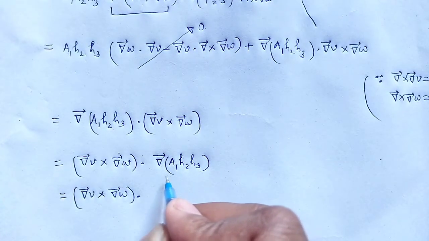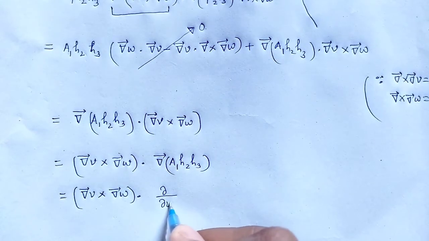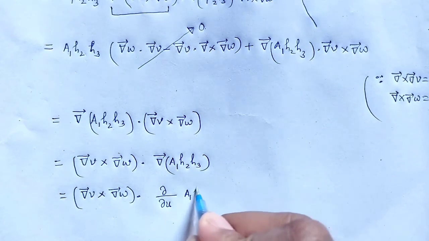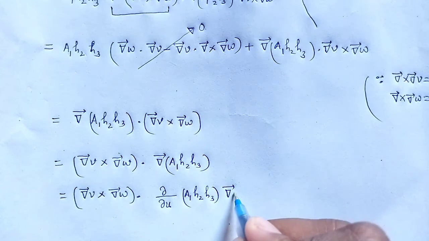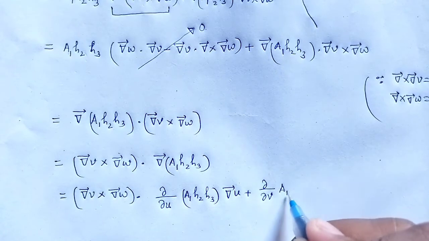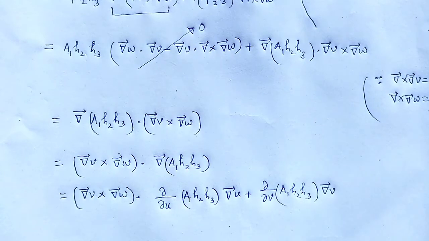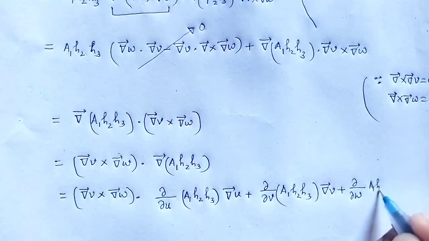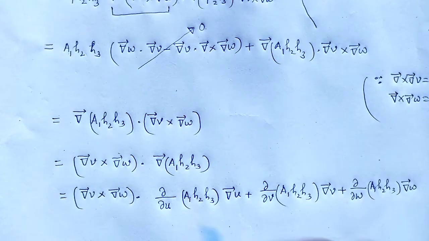In place of grad of A1 S2 S3 I can write del by del U, as A is a function of U, V and W: del by del U of A1 S2 S3 grad U plus del by del V of A1 S2 S3 grad V plus del by del W of A1 S2 S3 grad W.